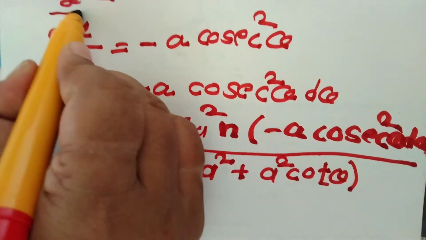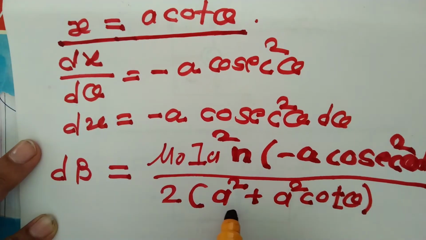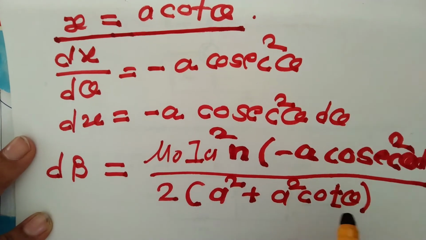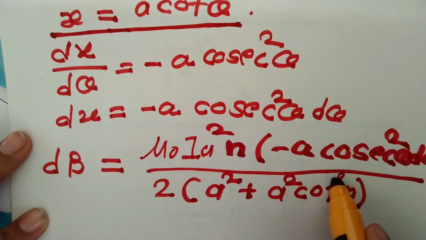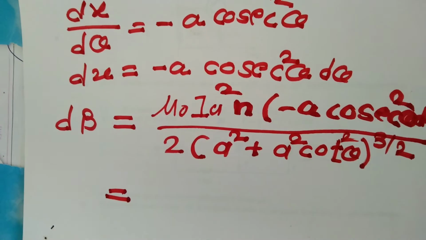Let us see here, x is equal to a cot theta, so put this value here: a square plus a square cot square theta raised to 3 by 2. Simplify here.